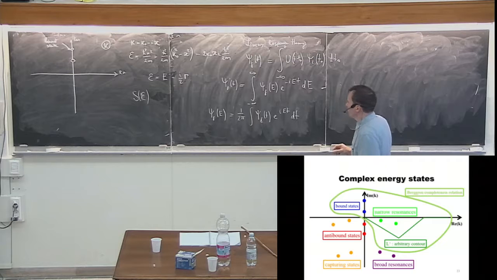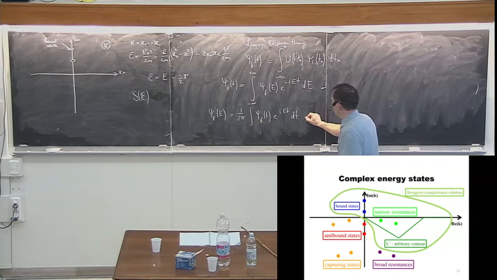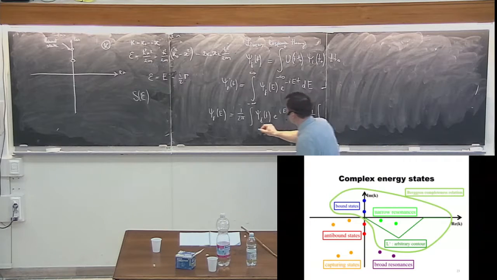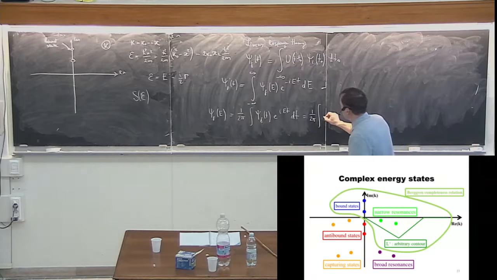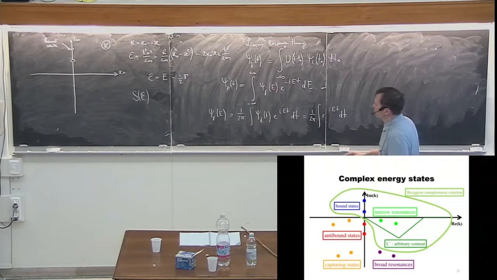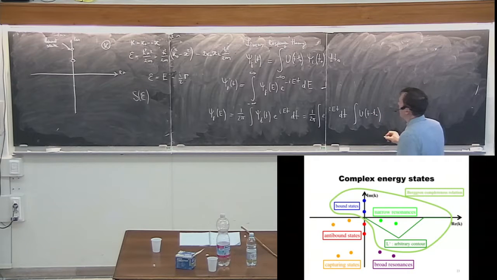Okay, so this is my inverse, and if I substitute this here, then I will have 1 over 2 pi, and then an integral. Every integral is from minus infinity to plus infinity here, unless marked independently. So it's e to the i E t dt, and then I have this psi of t, which is this one. So this is an integral of u of t minus t naught, and then I have here psi initial of t naught dt naught.